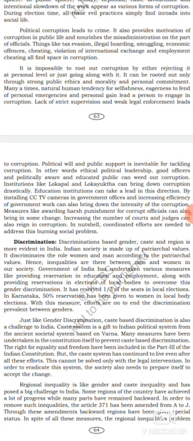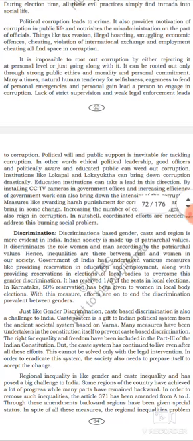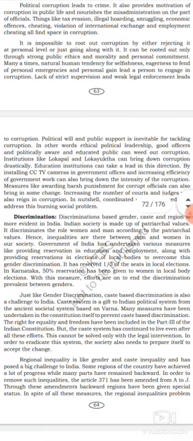With this measure, efforts are on to end the discrimination prevalent between genders. Listen, dear students, in our state, Karnataka, the government provides 50% reservation for women in local body elections. Got it?